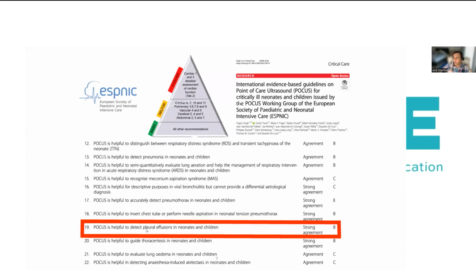There is strong agreement from a group of 40 experts who gathered as part of the committee and reviewed the evidence that POCUS is helpful for detecting pleural effusions and also helpful to guide thoracentesis in neonates and children. The British Thoracic Society has gone a step further and says it should be done mandatorily if you want to drain a pleural effusion, where time permits and the baby is not in extremis.